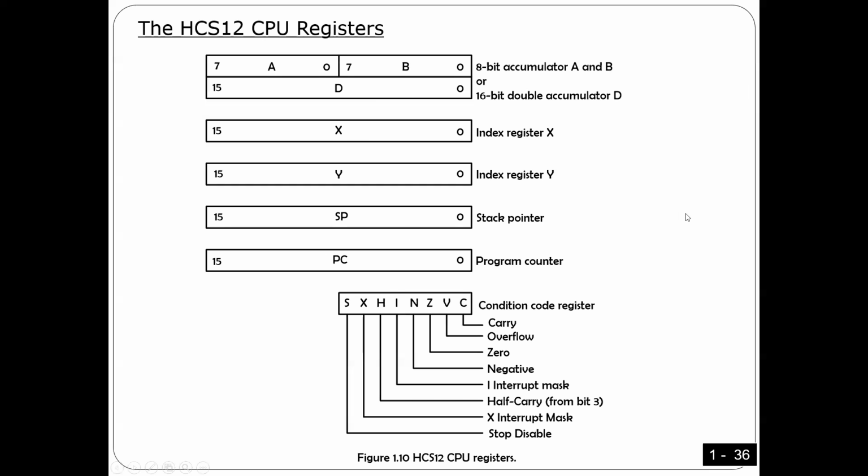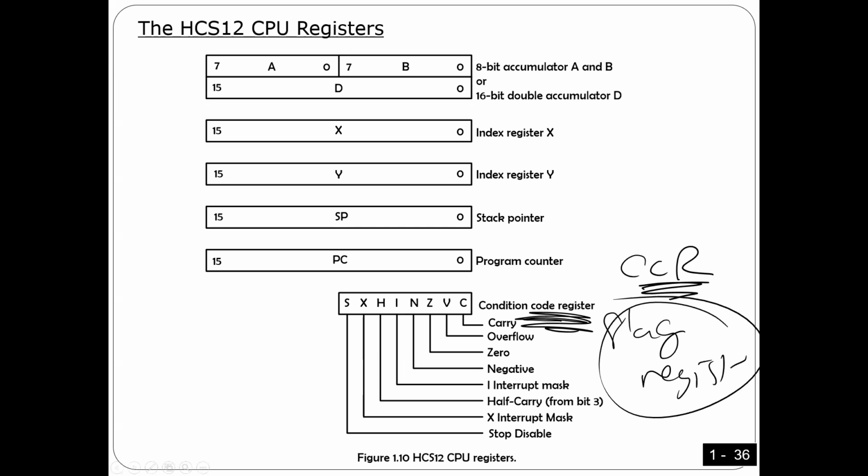This one is called the condition code register, or CCR, or as we often call it, the flag register, whatever you want to call it. Usually we call it the flag register because this register has all the flags we have. Every bit is a flag in this register. Is that okay? So we put all the flags together in one register. This register is called CCR or flag register.